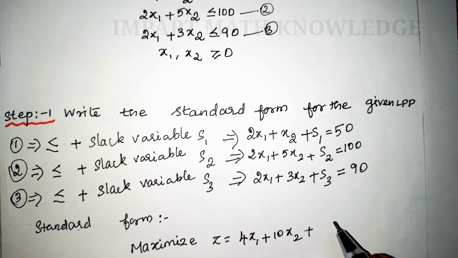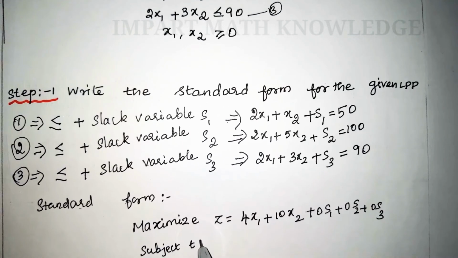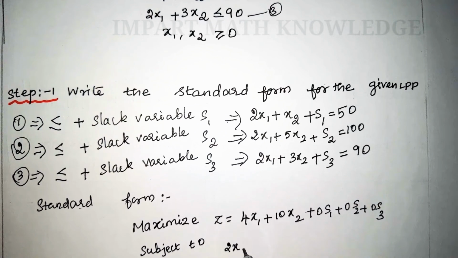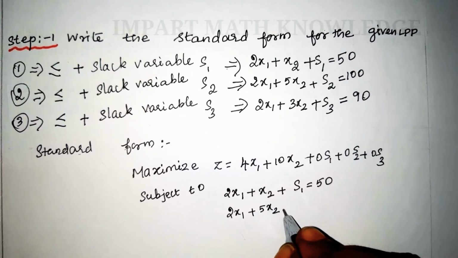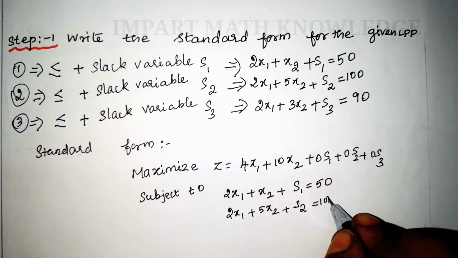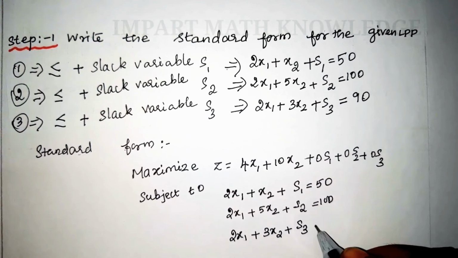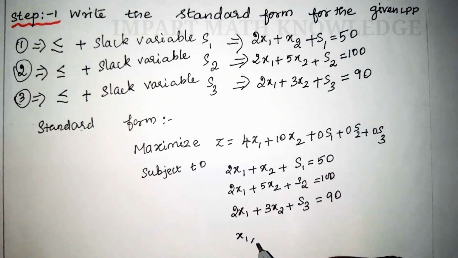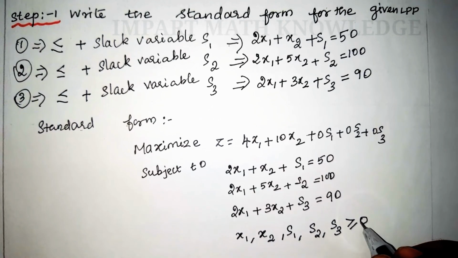The cost for these variables are 0 in the objective function, that is 0s1 plus 0s2 plus 0s3, subject to 2x1 plus x2 plus s1 is equal to 50, 2x1 plus 5x2 plus s2 is equal to 100, 2x1 plus 3x2 plus s3 is equal to 90, and the non-negativity condition x1, x2, s1, s2, s3 greater than or equal to 0.